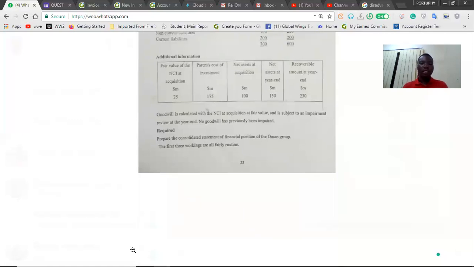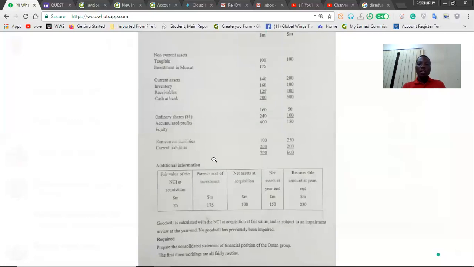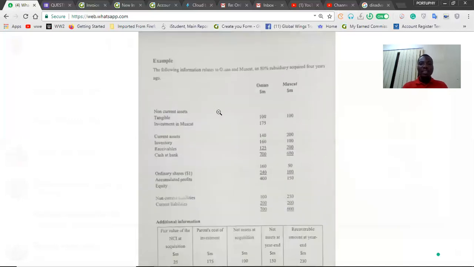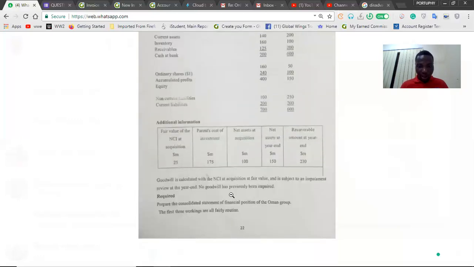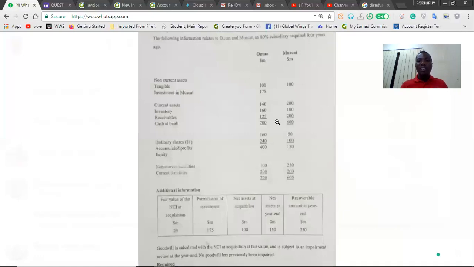In consolidation, aside from the cost method of consolidating the accounts, we also have a fair value basis. The simple and short explanation is that all along, if they said Oman is investing 80% in Muscat, the emphasis is on the 80%. Let's say the net asset of Muscat at acquisition is 100, and this guy is purchasing 80%.